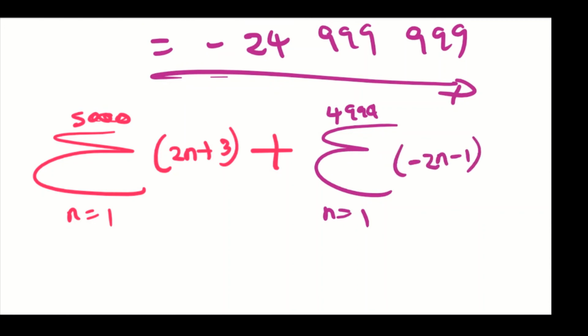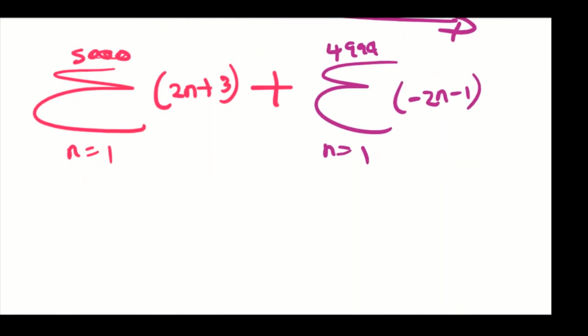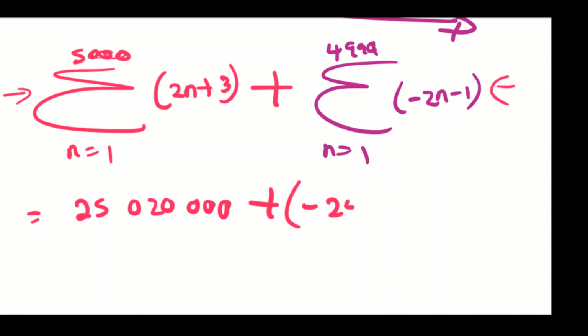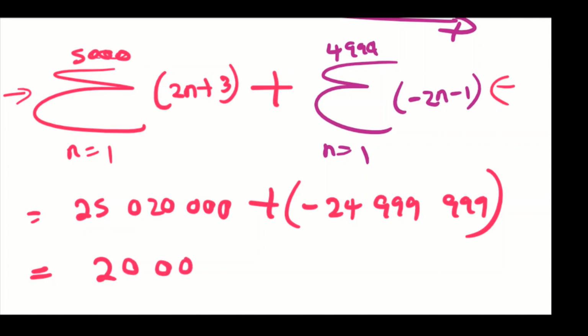The sum that we found for the first expression is 25,020,000, plus the sum of the second expression, which we found to be minus 24,999,999, right? So you're just going to add both sums and you will get the answer of 20,001. So this would be your final answer for this expression here.